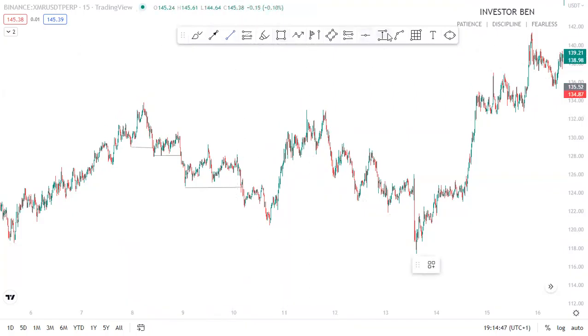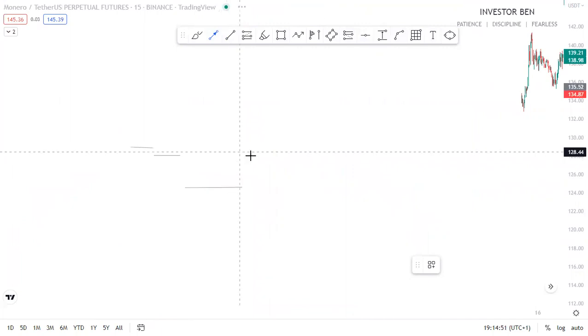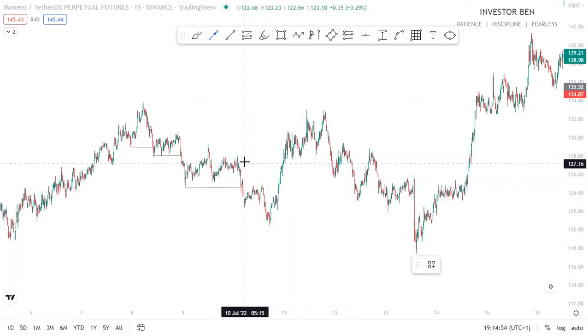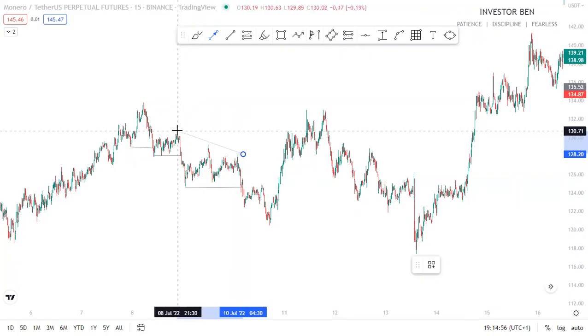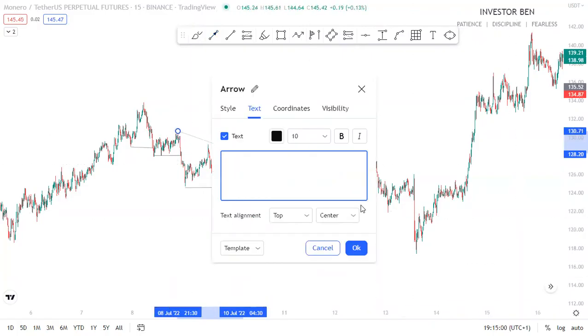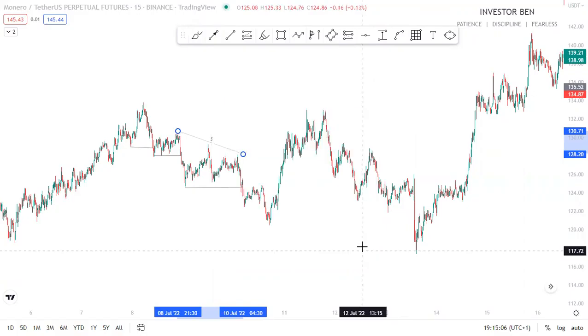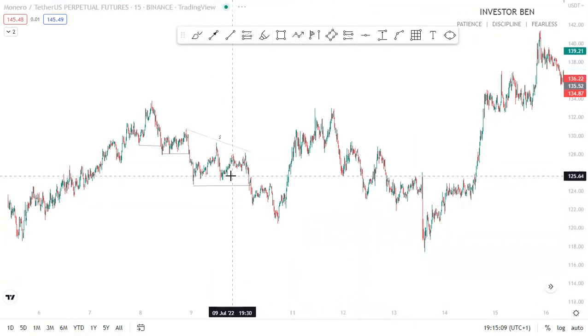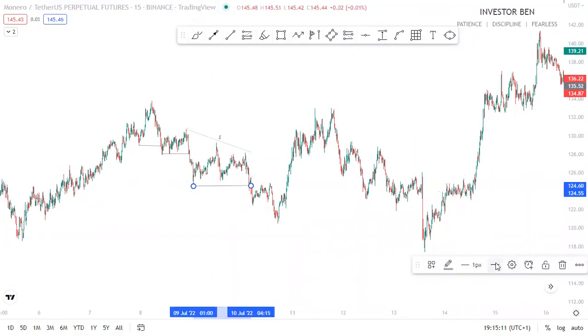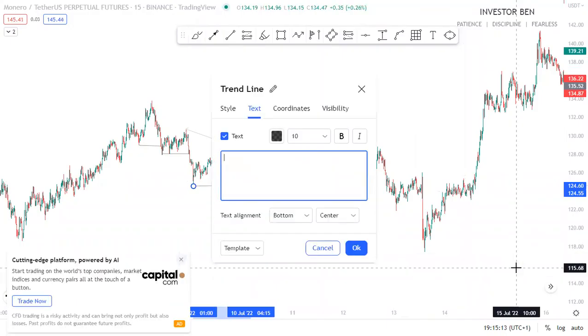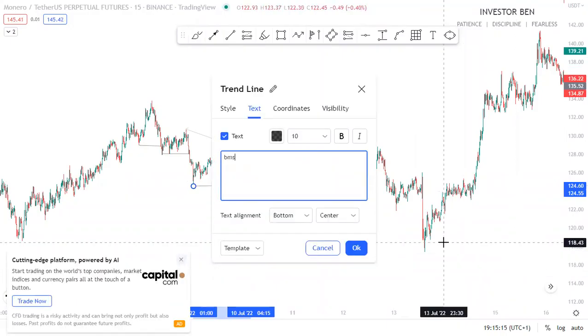This is your liquidity lying there. This is your liquidity, equal lows lying here. Equal highs, sorry, equal highs. Just made a mistake here. Equal highs, right? Then this is your BMS, price BMS, right?